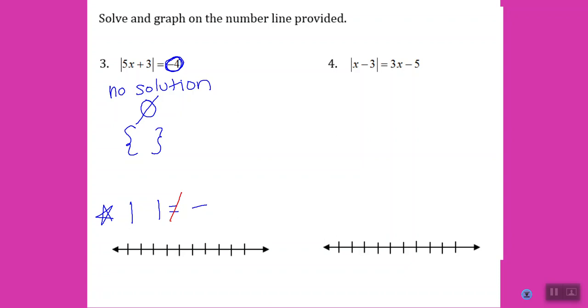All right, in number 4, our absolute value is by itself on this side. So I'm going to split it up into my positive and negative equations.